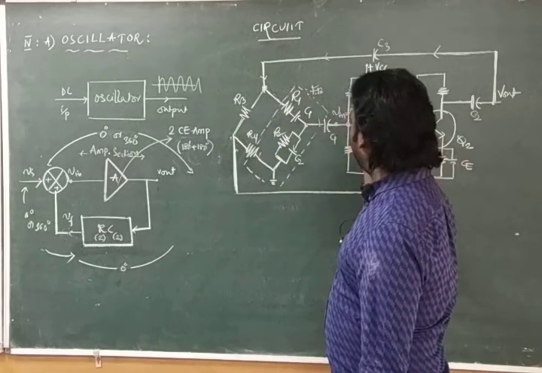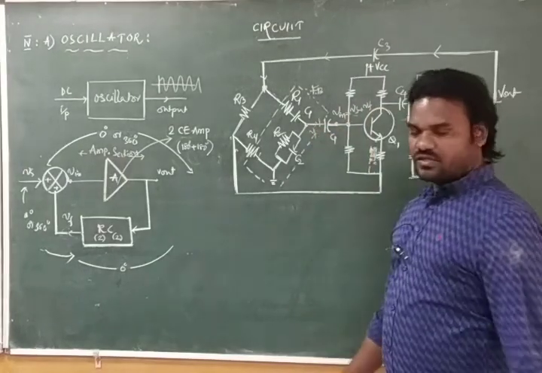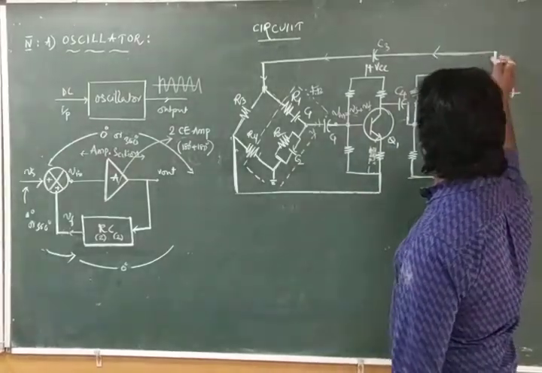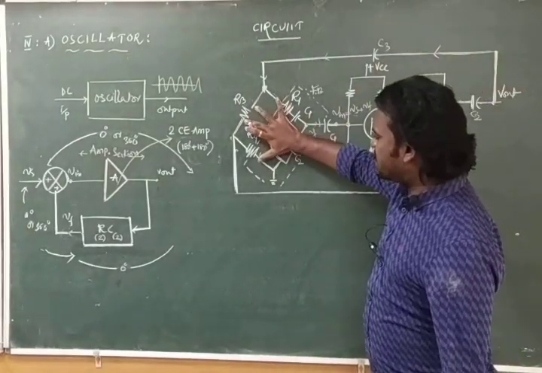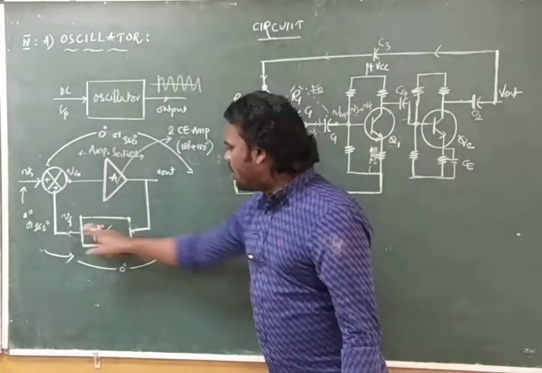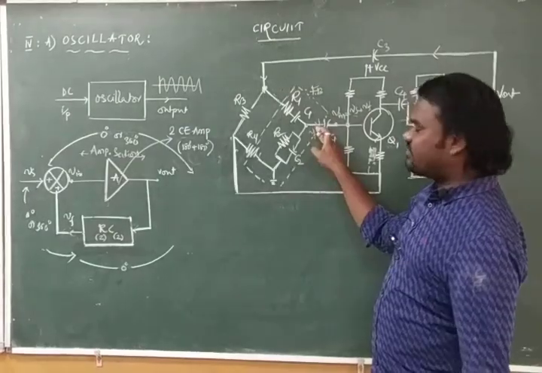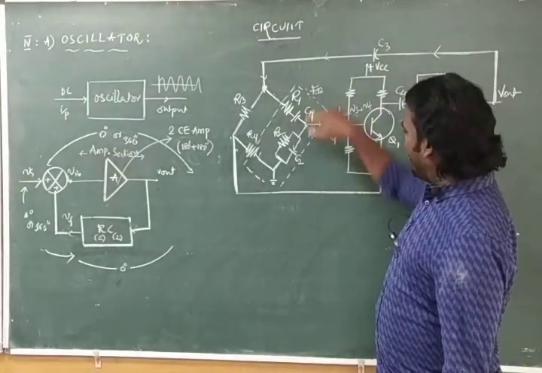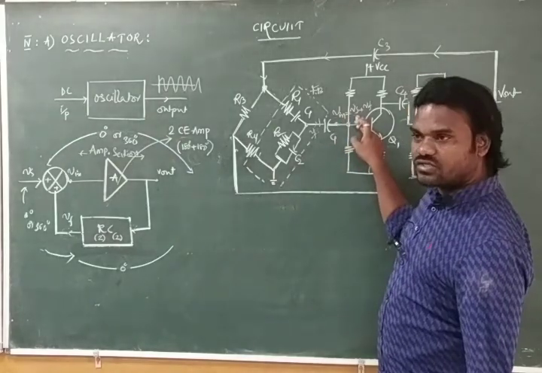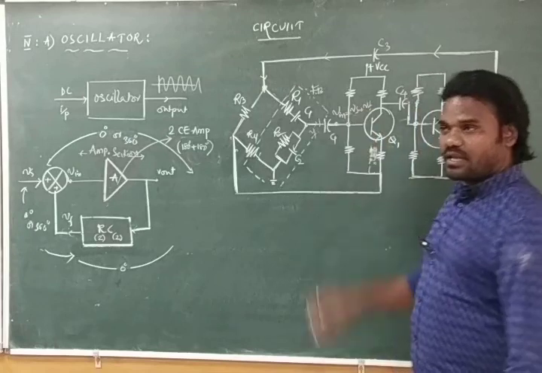Earlier we had Vs, and now Vf is added. So Vin is equal to Vs plus Vf. Vout is coming to the feedback network. The output of the feedback network is Vf only. Earlier we had the Vs, so now Vin is equal to Vs plus Vf.